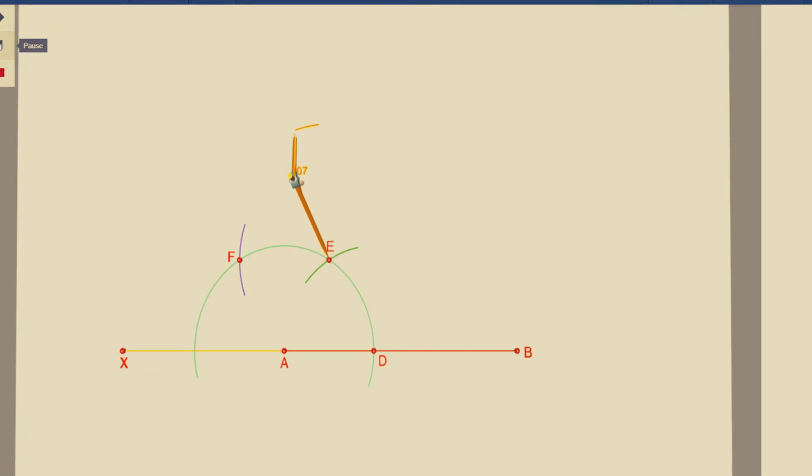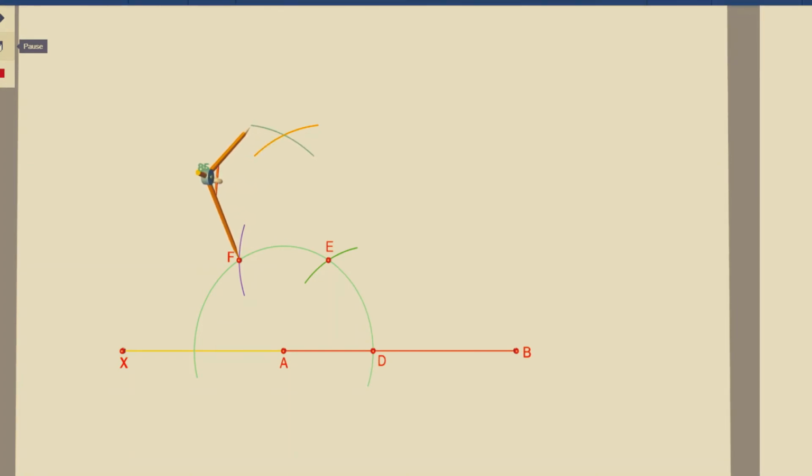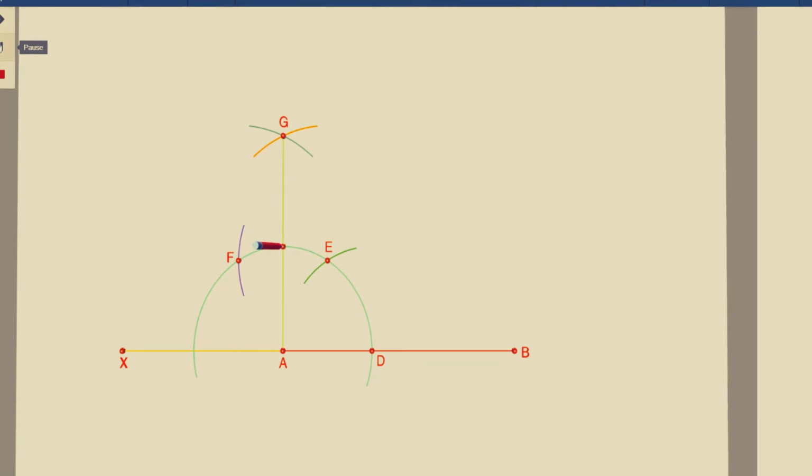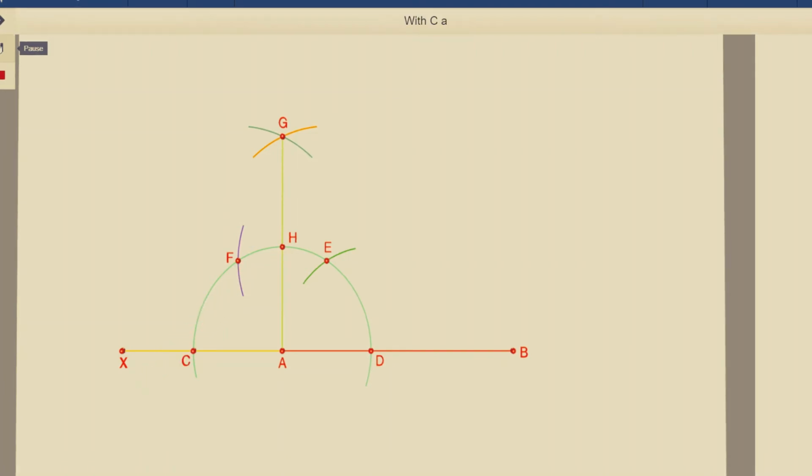Now with E and F as centers and the same radius, draw arcs which cross at G. Join AG. Angle GAB equals 90 degrees.